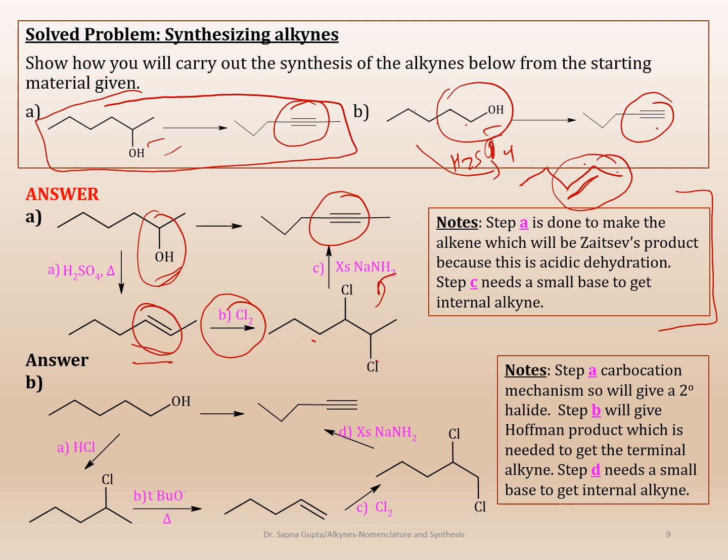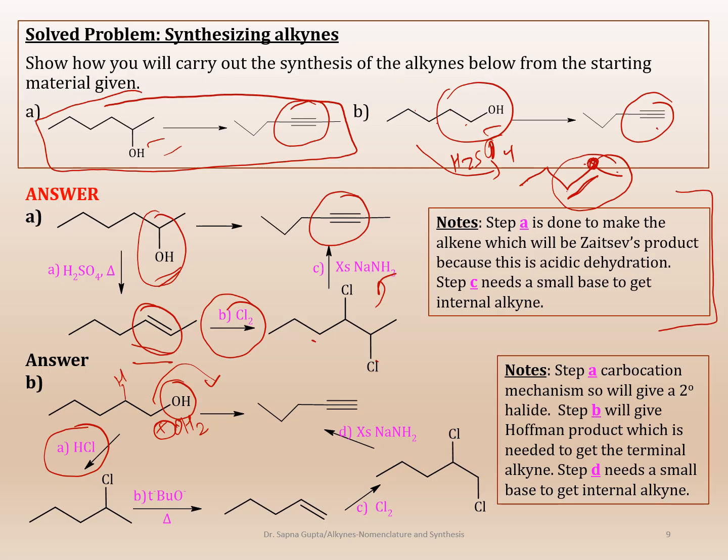So I want to get something on this carbon, and that I can get with HCl. Now, what is HCl doing? This is hydrochloric acid. If I do substitution on this, remember what I'm doing here is making this a good leaving group. By converting it into OH2 plus, when this leaves, what happens?